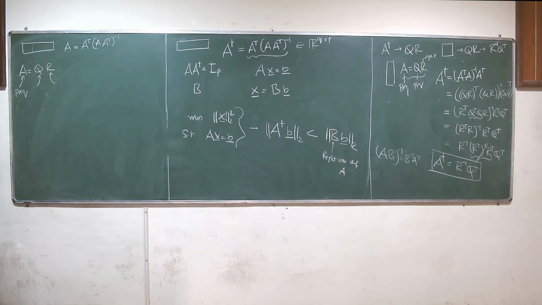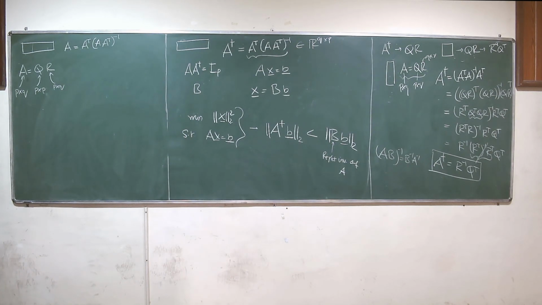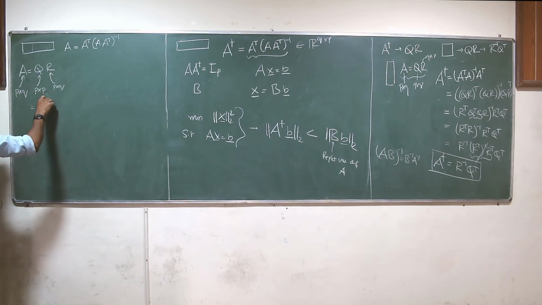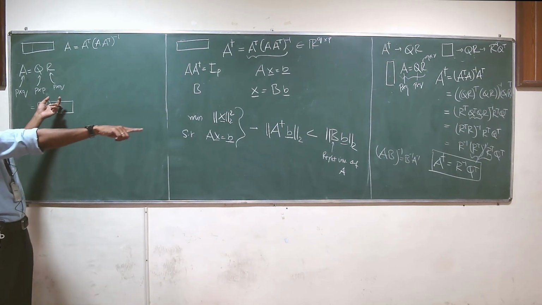I simply mentioned the shapes of Q and R for different shapes of A. It will be like this. So what you will have is a square matrix that's orthogonal, and R will be like this. So R obviously does not have R inverse anymore. So it cannot be that expression.